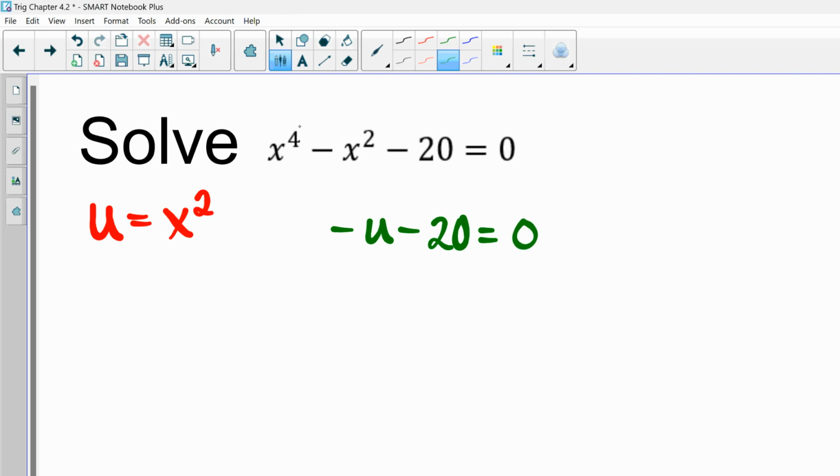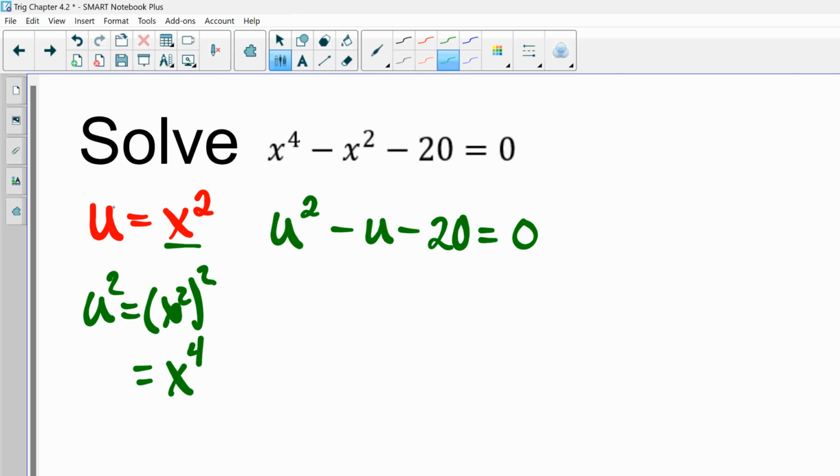Because for this half of this equation, x squared will become negative u minus 20. Now x to the 4th would be u squared, because powers of powers multiply, so if we square u, which would be x squared squared, it gives us x to the 4th.